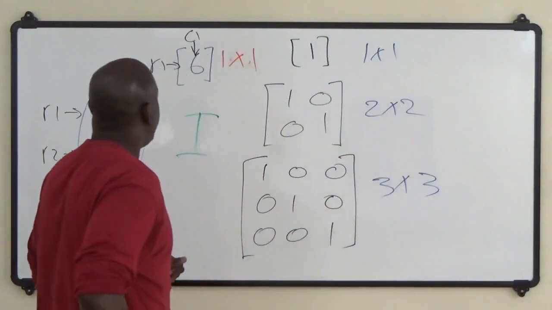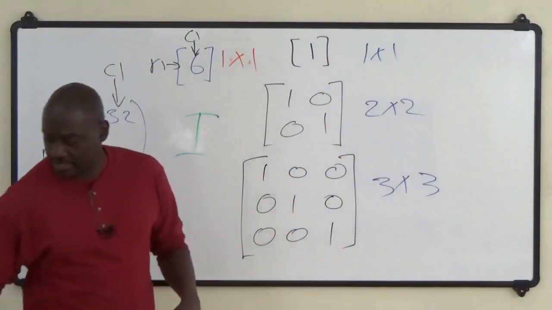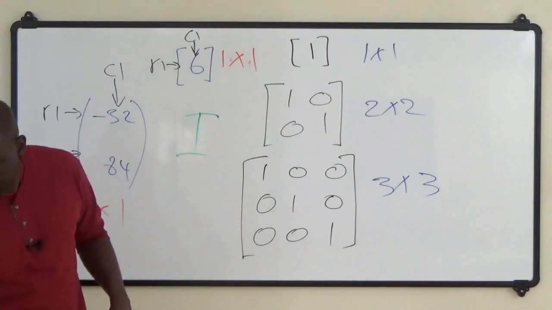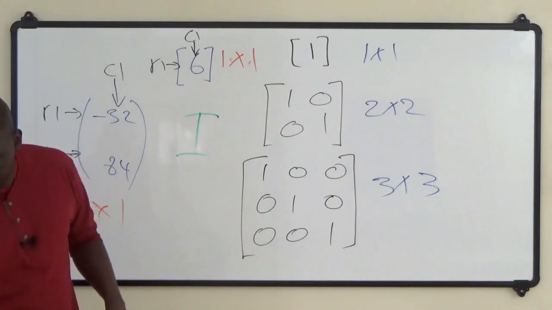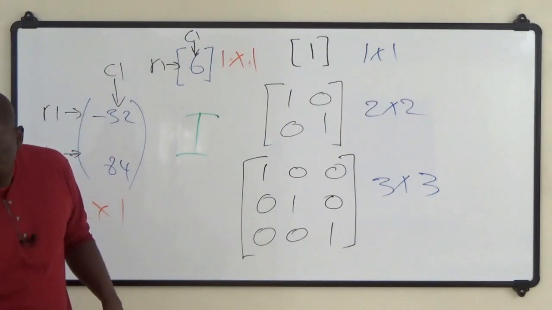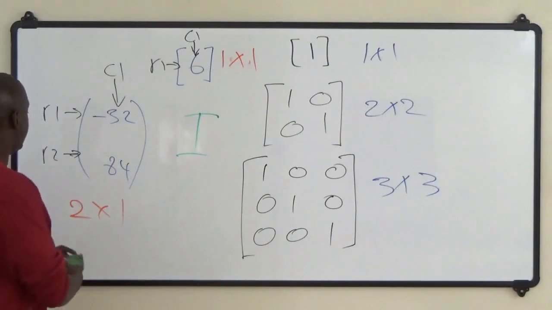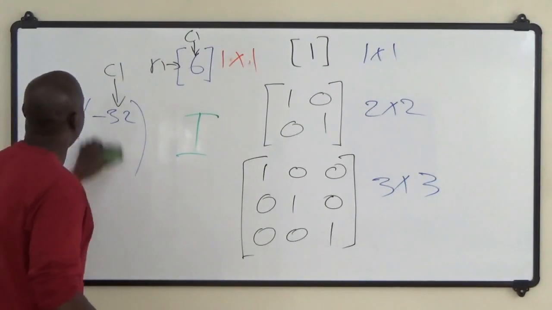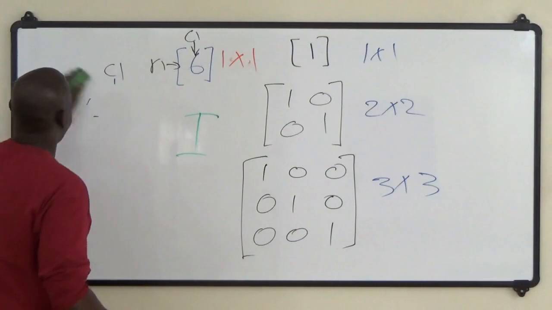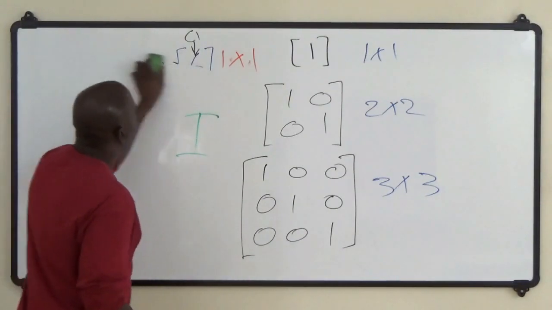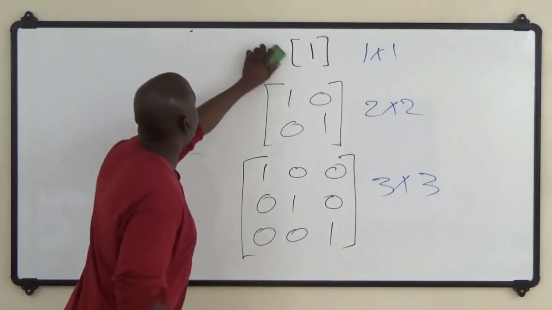So we know that the operation of multiplication by the identity leaves the quantity that we multiply essentially unchanged. That is the whole idea, that is the whole concept of identity.